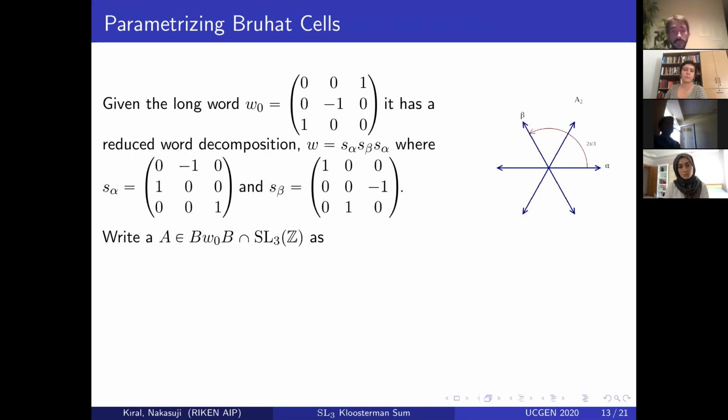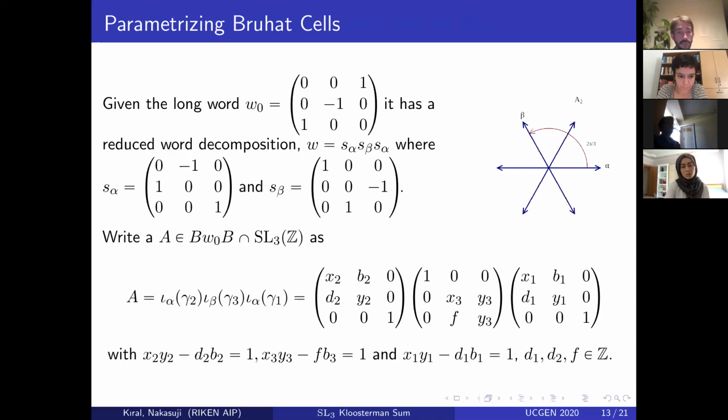You can write W either as S alpha, S beta, S alpha, or S beta, S alpha, S beta. But there's a fixed length. They're both 3. And given one reduced word decomposition, I would like to write it as a product of 2x2 SL2 matrices embedded in SL3.